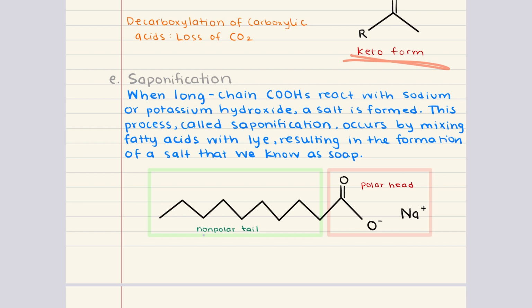It has a non-polar hydrocarbon tail, which is long and hydrophobic, meaning it doesn't interact favorably with water. The second region is a polar carboxylate head group, which is negatively charged and hydrophilic, meaning it interacts well with water. Because of this dual nature, soap molecules contain both hydrophilic and hydrophobic regions.